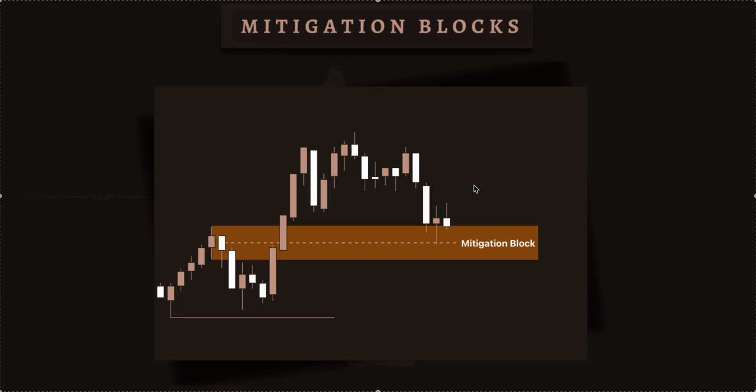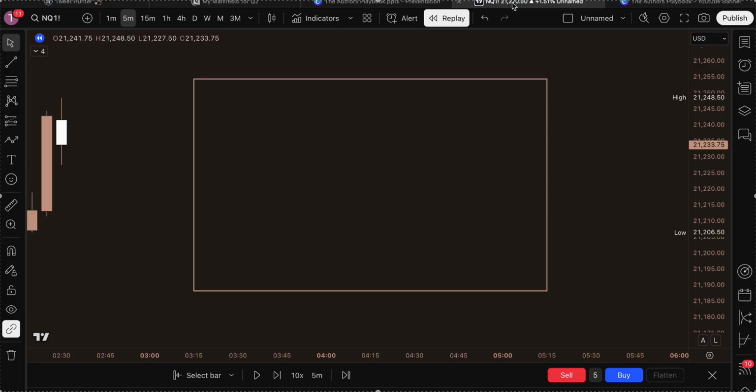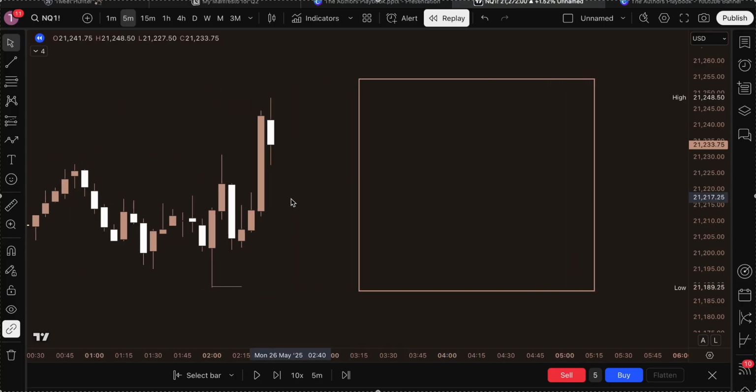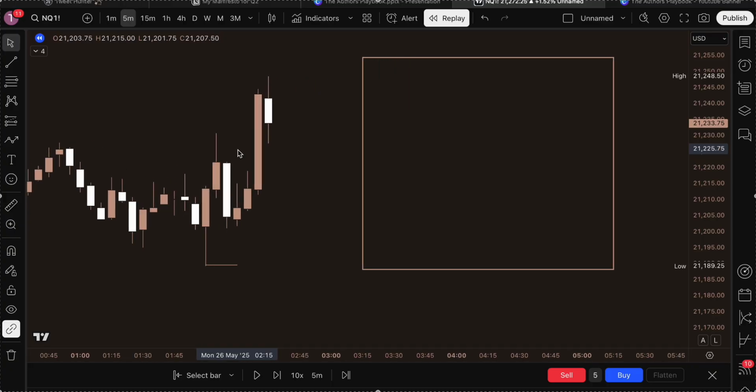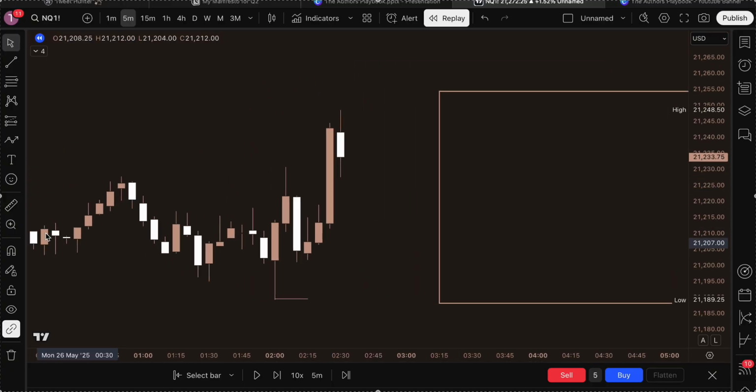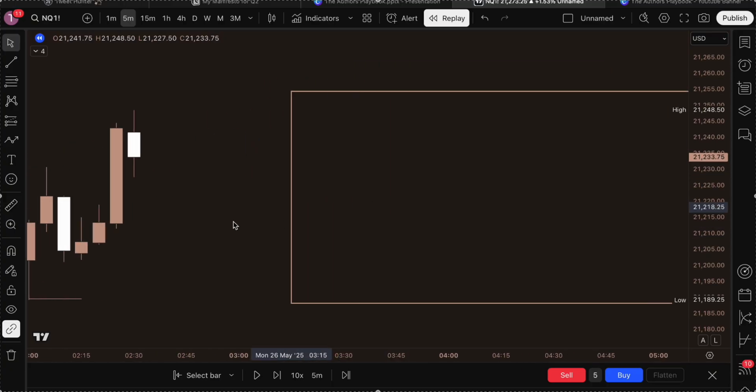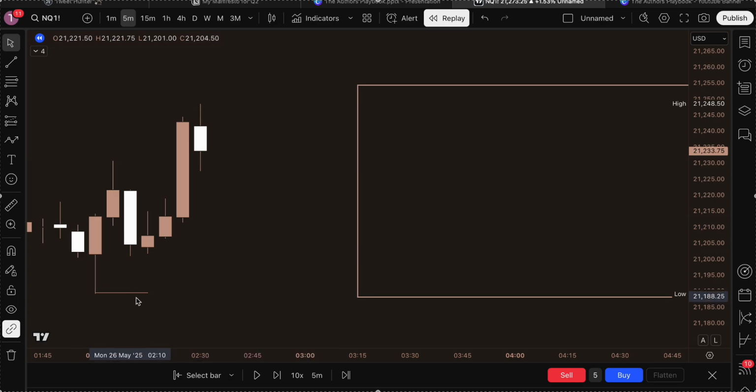Now, let's get into a video example of this. Okay, so right here we have a failure swing. We're bullish. What do we have? A low, a high, a low, a higher high.